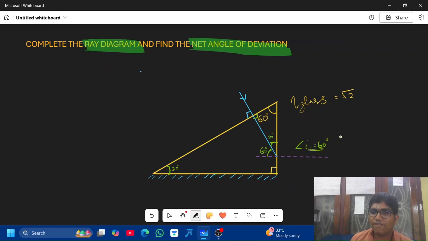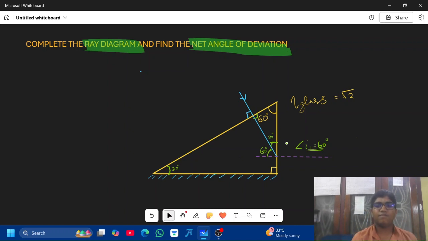We are given refractive index of the prism as √2. So, critical angle. Why are we concerned about the critical angle at all? First of all, right when you see the question, you understand that they are thinking about something relating to total internal reflection.